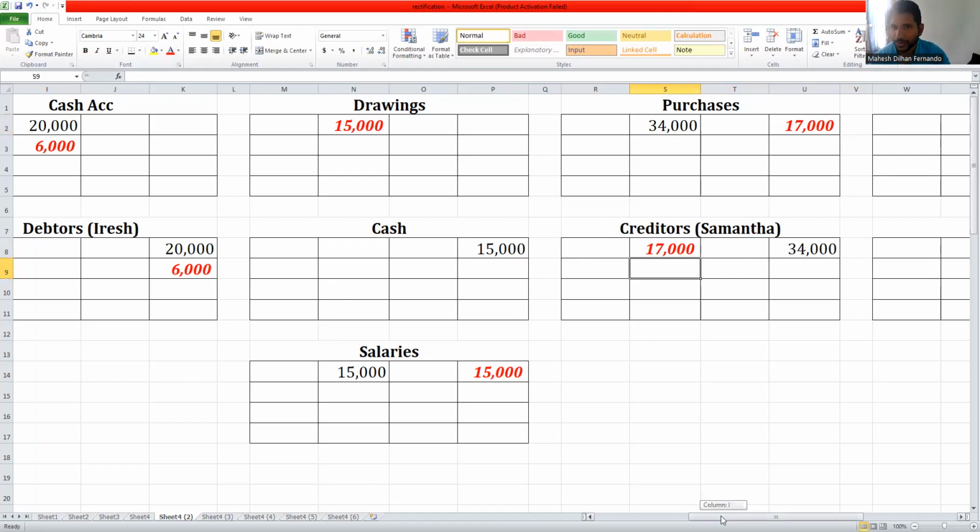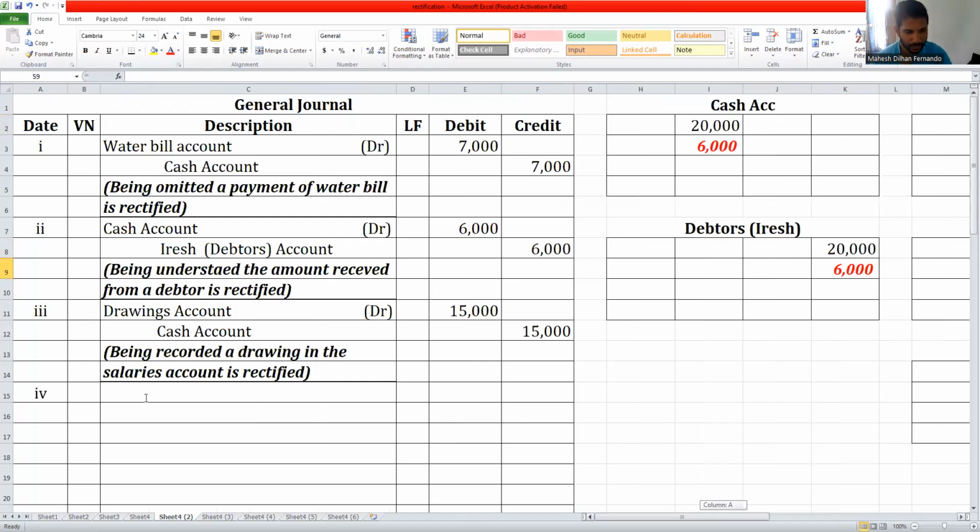Therefore, I record it this way. Creditors account debit 17,000 and purchases account credit 17,000.